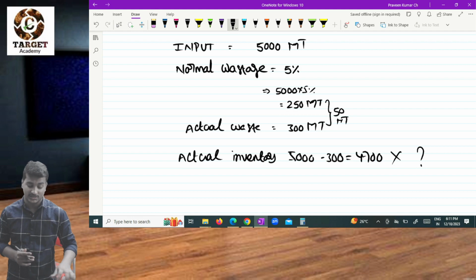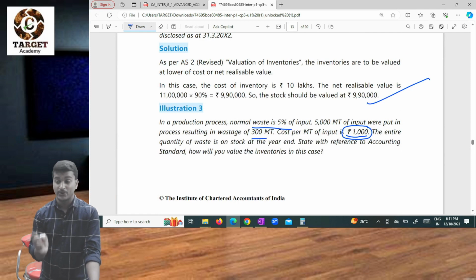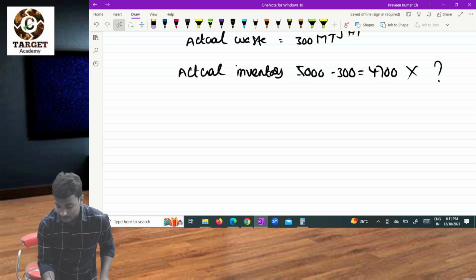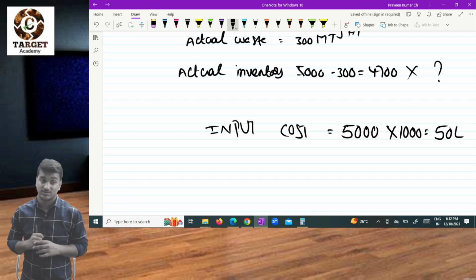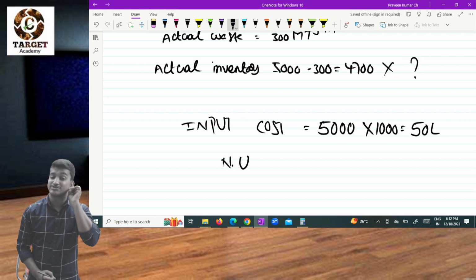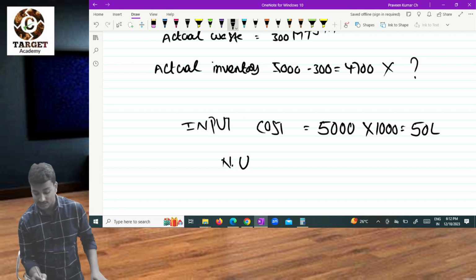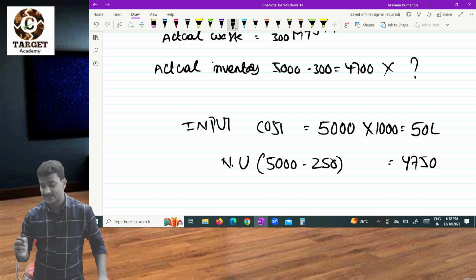Sir, how to find out? Listen carefully. Look at the question, he has given clearly the per unit input cost. So total input cost: total how many units introduced? 5000 units into 1000, that means 50 lakhs is your total cost. But normal units means total units minus normal loss. That means 5000 minus 250 equals 4750.